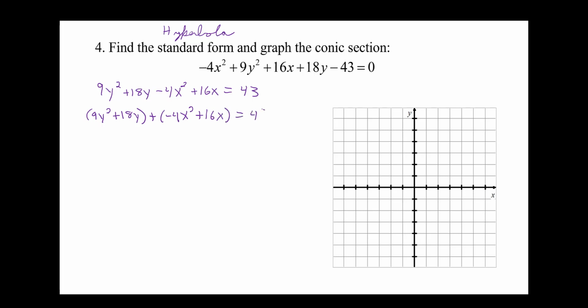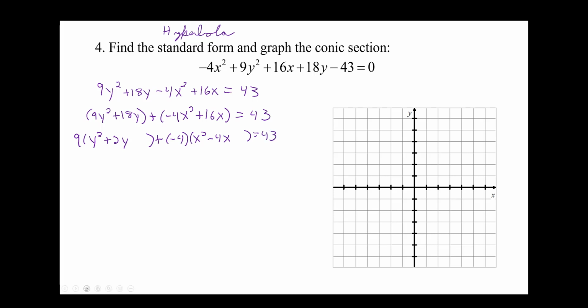Okay, so from the y terms, I can pull out a 9. I'm going to have 9 times (y² + 2y), leave some space, plus from the x's, I'm going to factor out -4, and I'll have -4 times (x² - 4x), leave some space, equals 43.